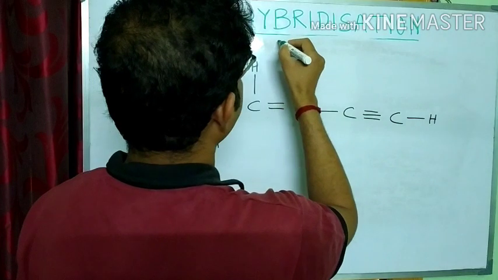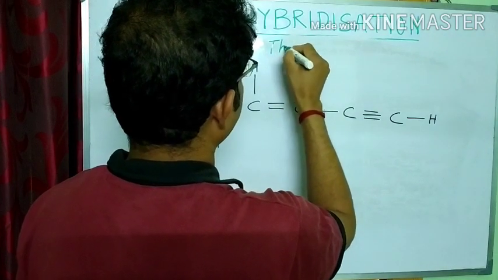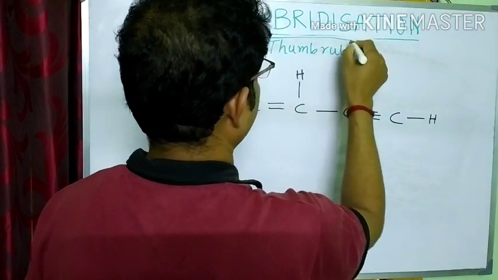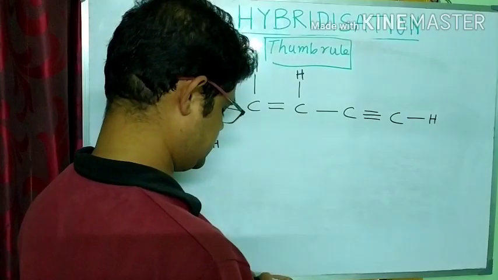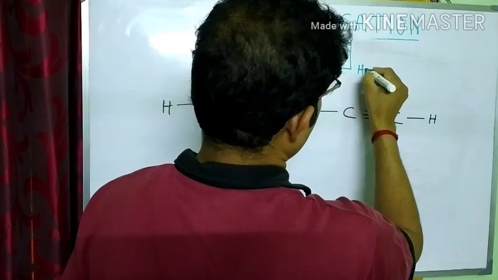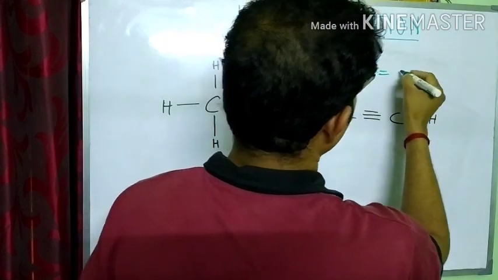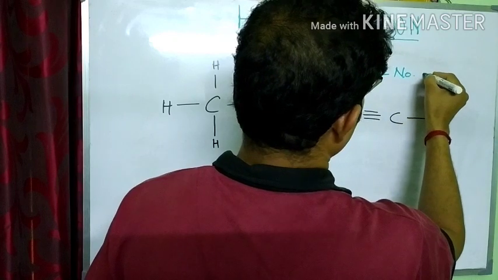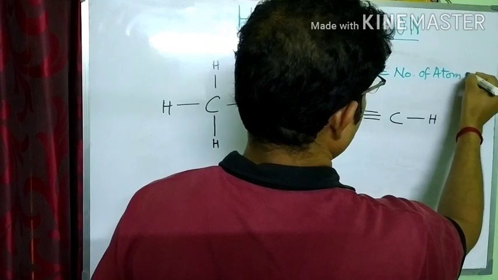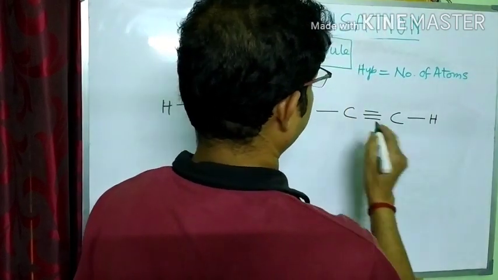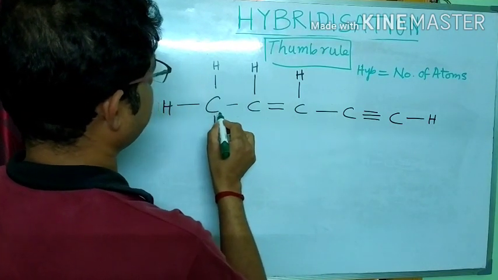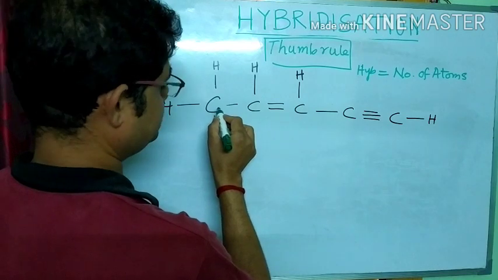Here a thumb rule is: hybridization is determined by the number of atoms attached to carbon. Let's apply the thumb rule.